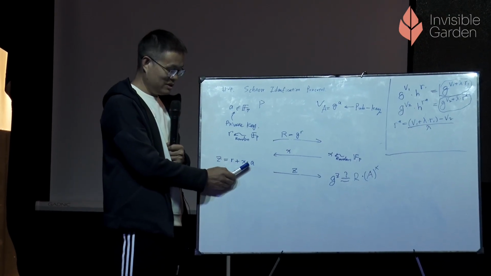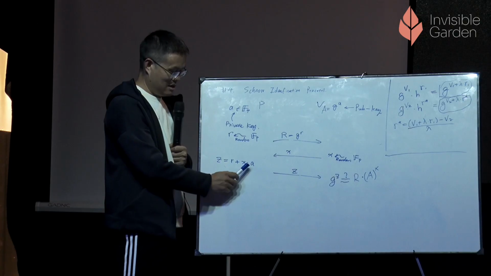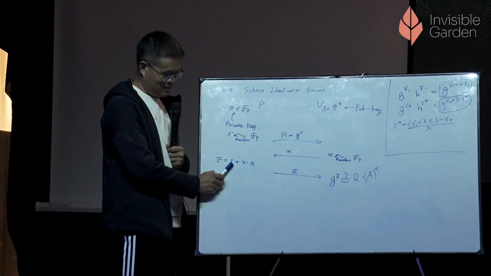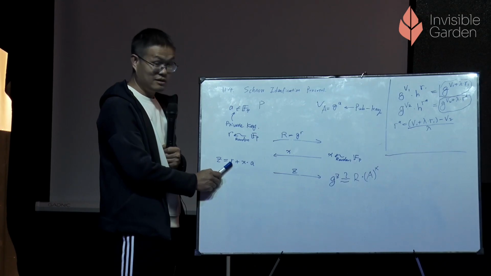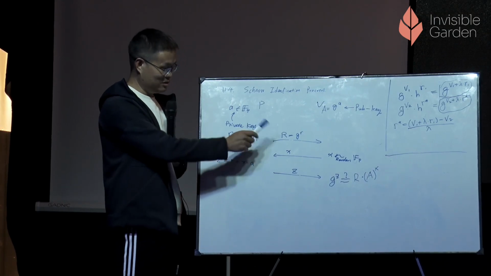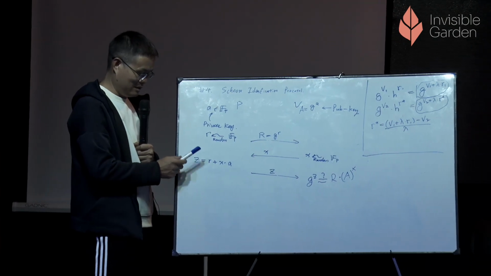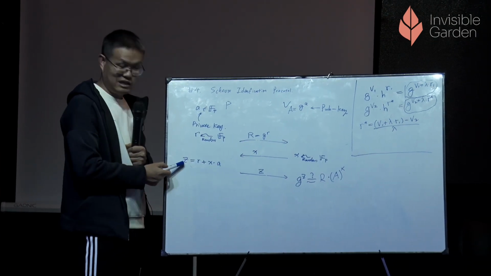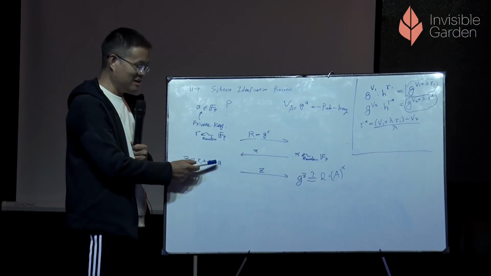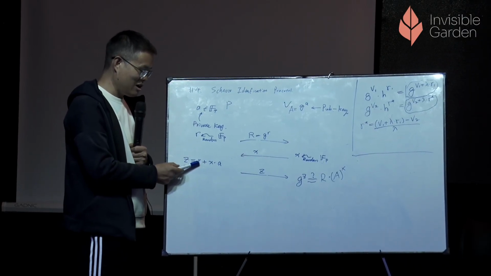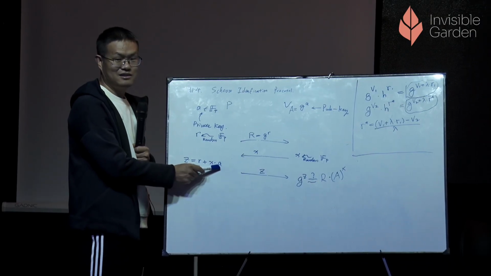Because this one has A, and A is edited by R, and R is an unknown number to the verifier. Then the verifier cannot get A from Z. But if the verifier knows R, then the verifier can easily calculate A, right?